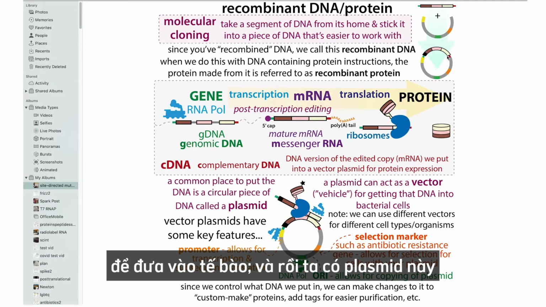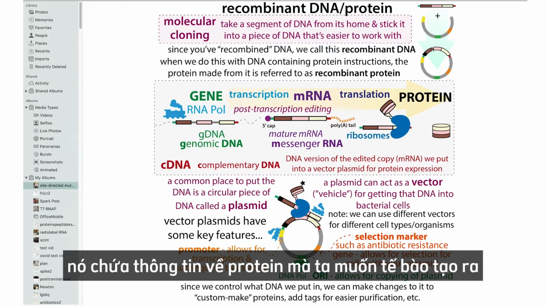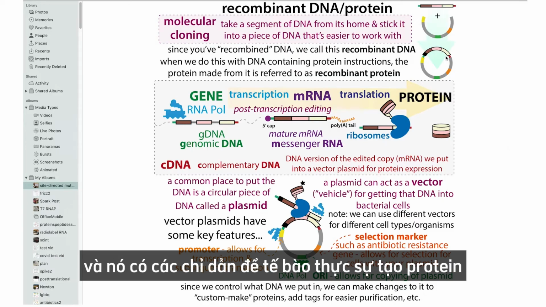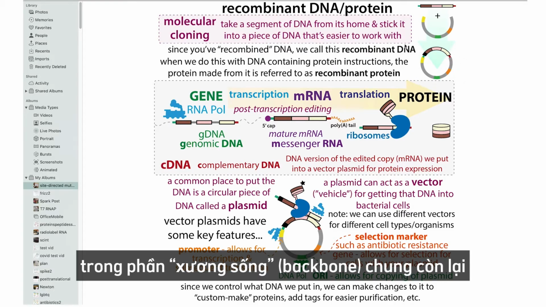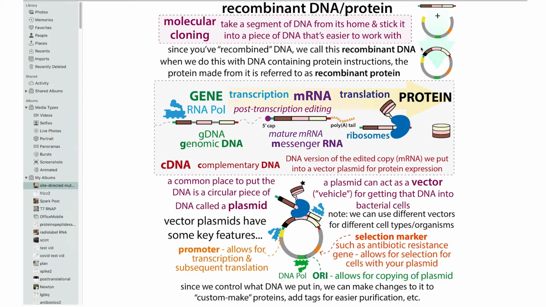Then we have this plasmid, which has our information about what protein we want them to make, and then it has the instructions for the cells to actually make the protein and to copy this plasmid and all that sort of thing in the rest of this generic backbone part.